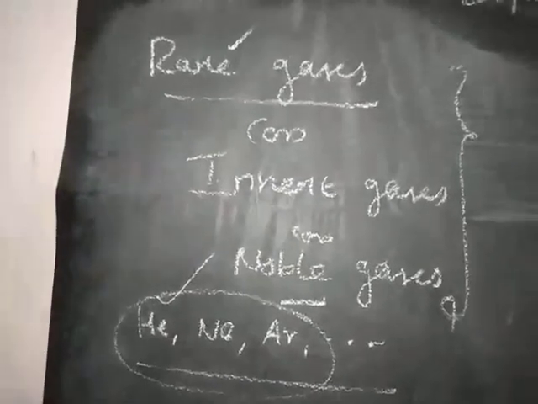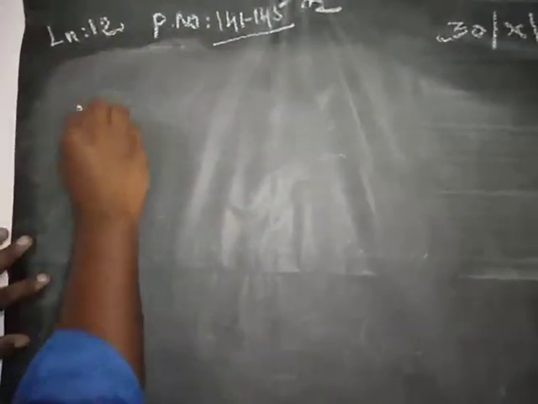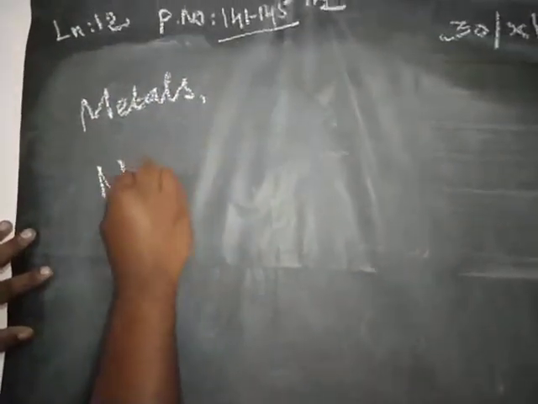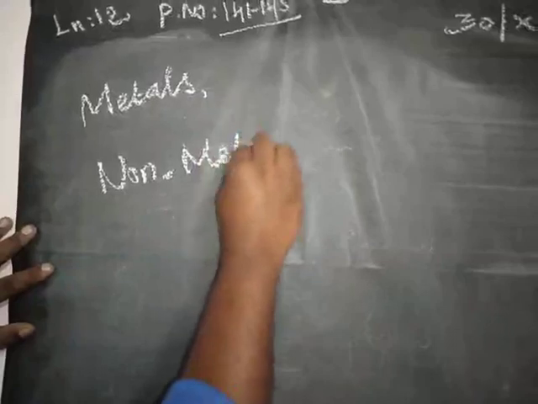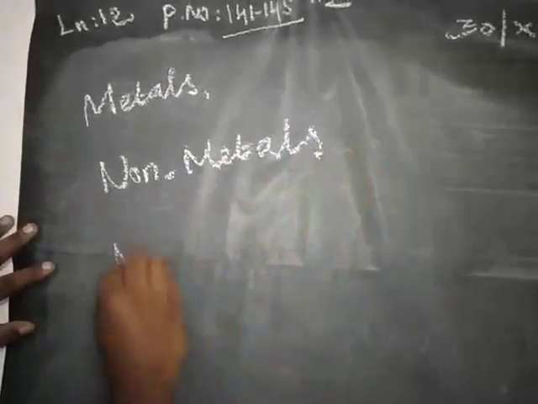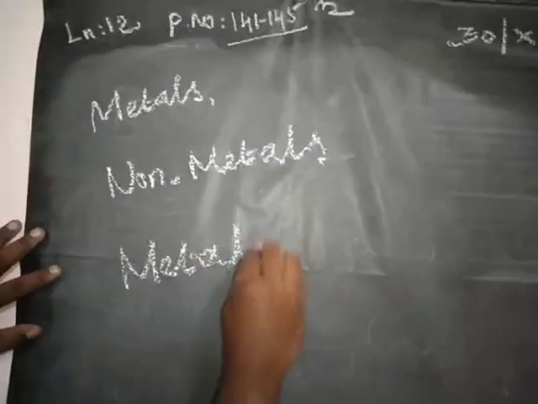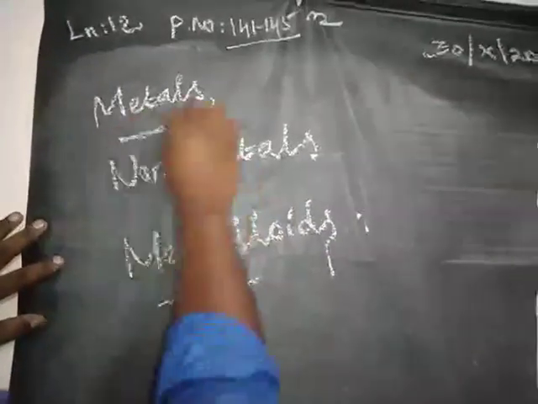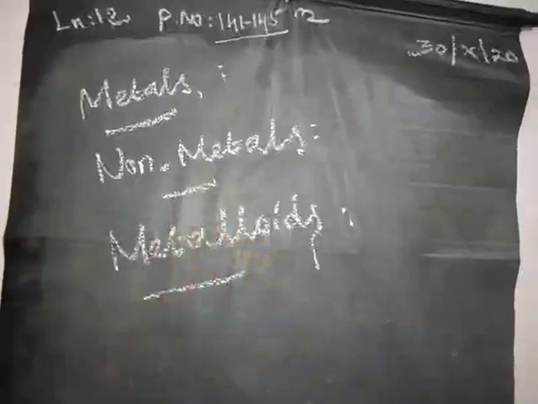Next one, metals, non-metals and metalloids. We have already studied this information in the lower sections also. What is meant by metals?